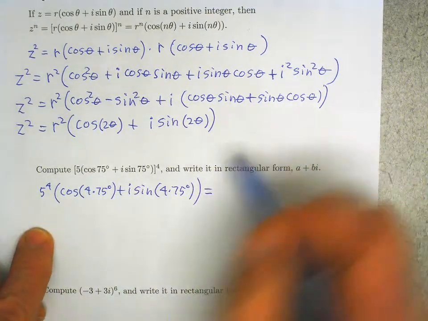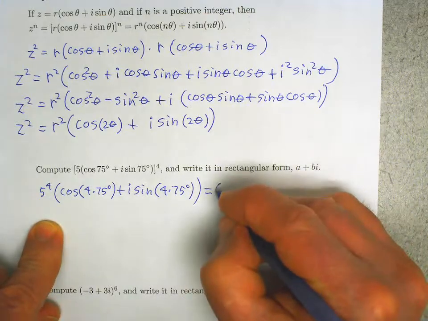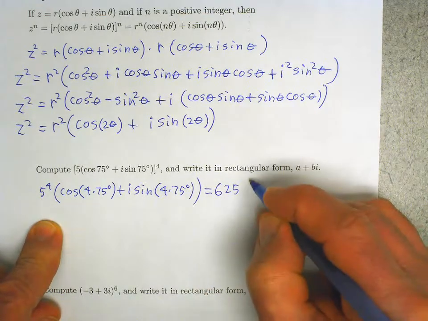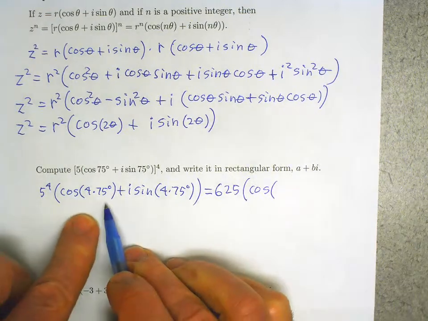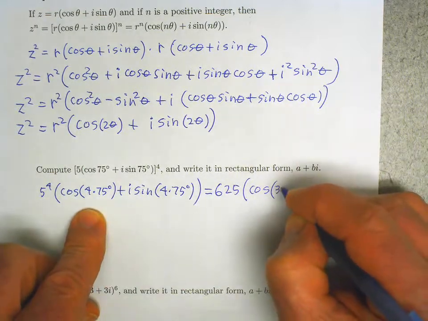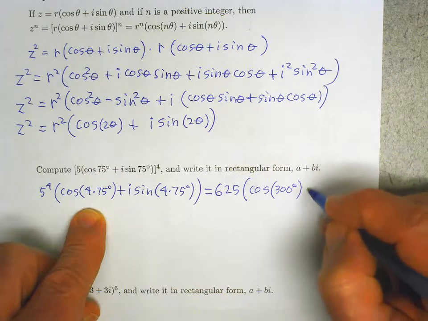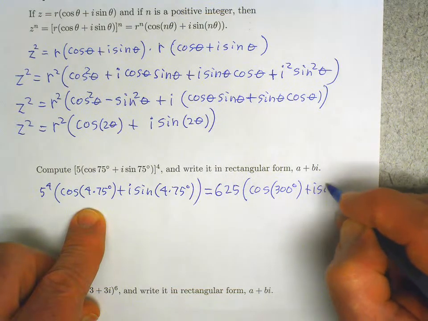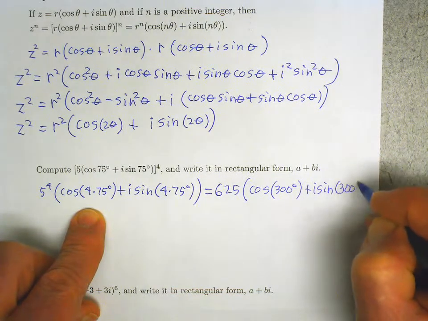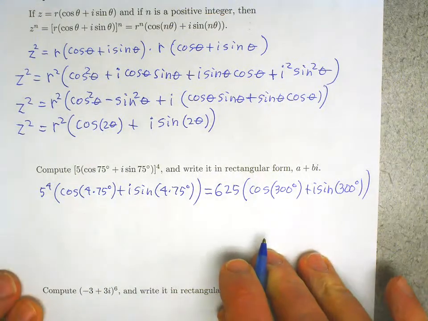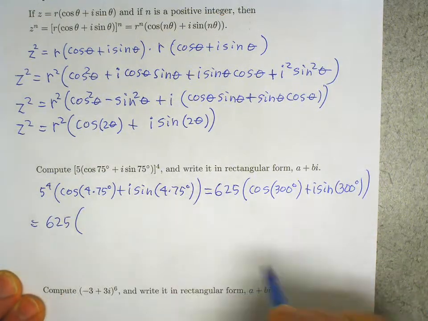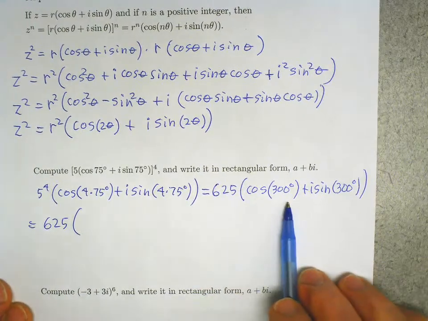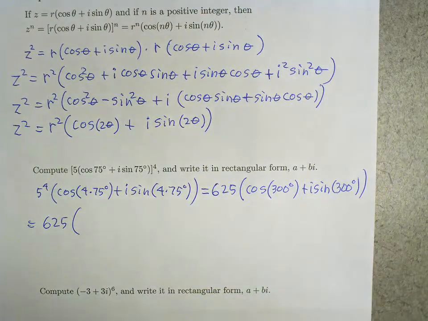And let's see, 5 to the 4th is 625. So 625 times cosine of 4 times 75 is 300. Cosine of 300 plus I times sine of 300 degrees. And we know how to evaluate cosine of 300 degrees. 300 degrees is in the 4th quadrant.